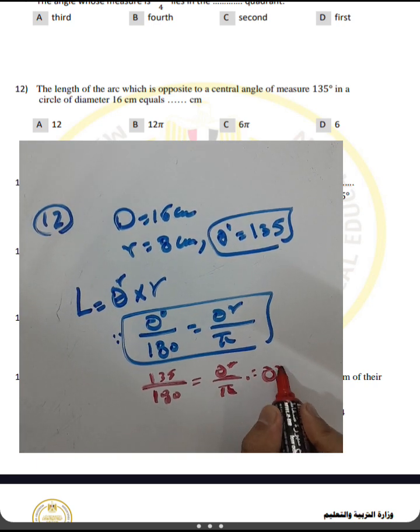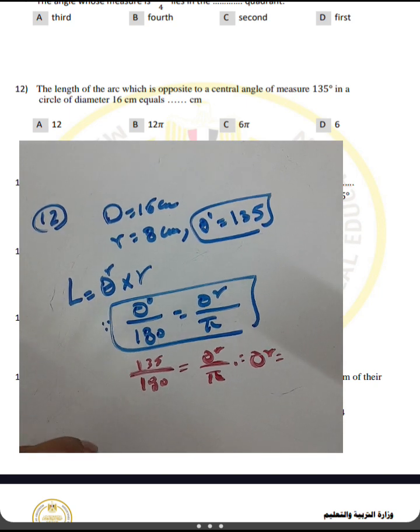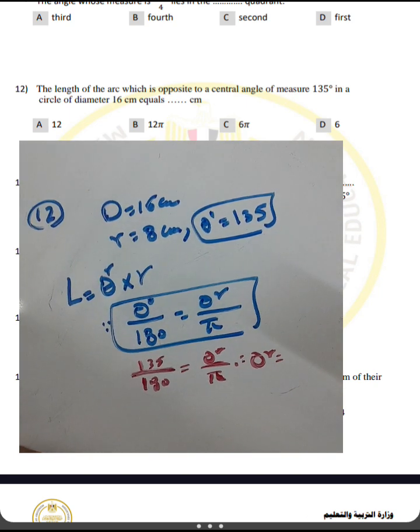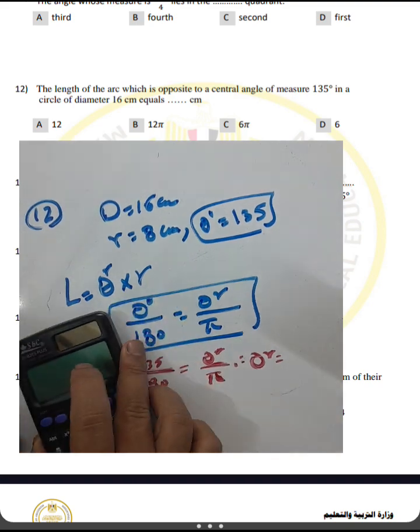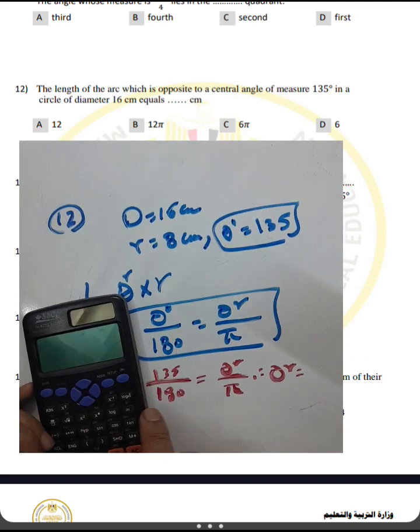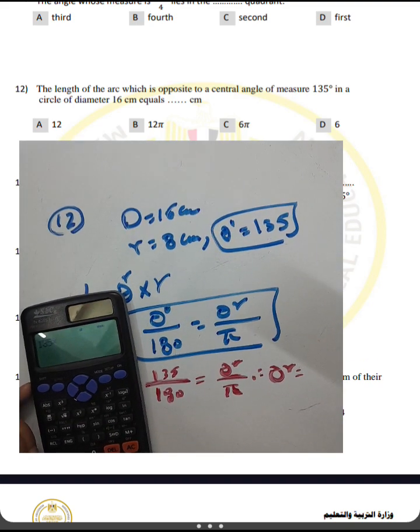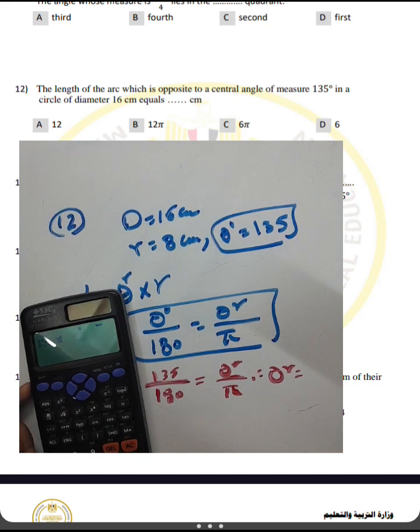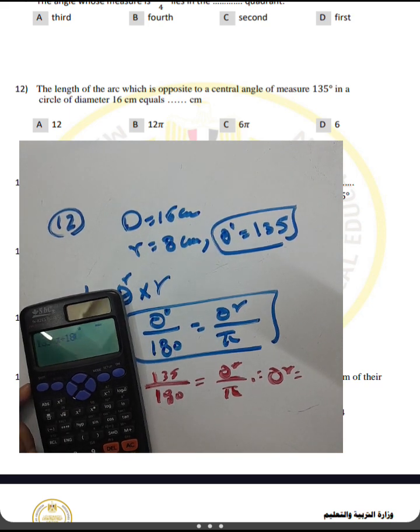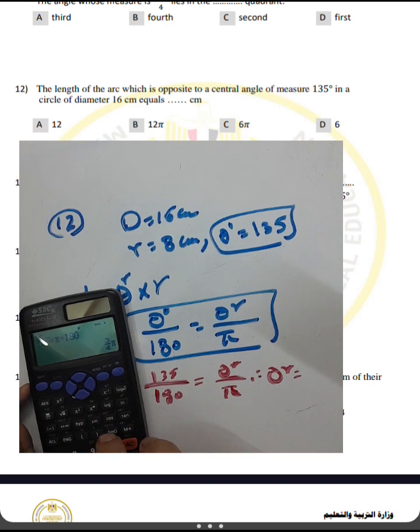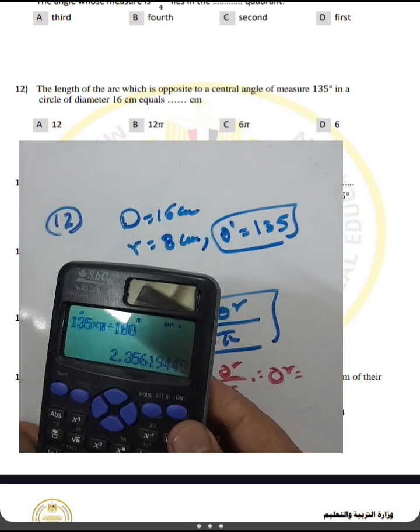Then you can find theta in radians using the calculator: 135 times pi divided by 180. It will be 2.3 radians.